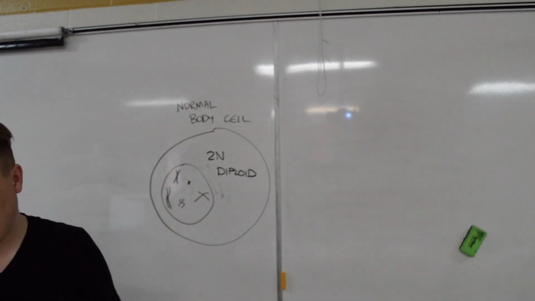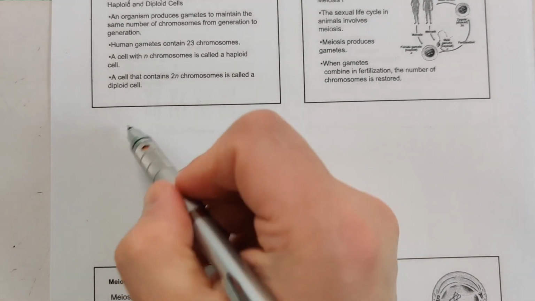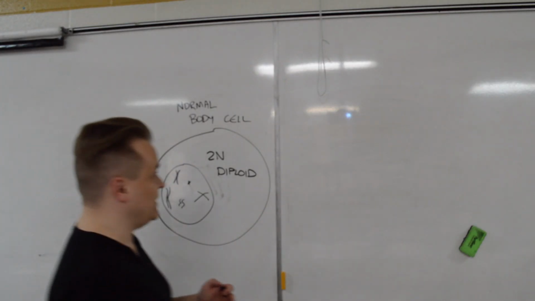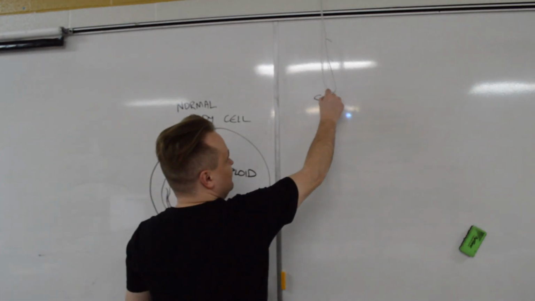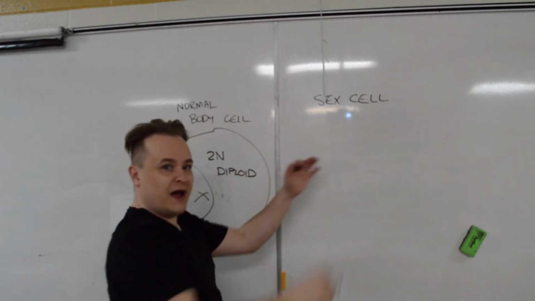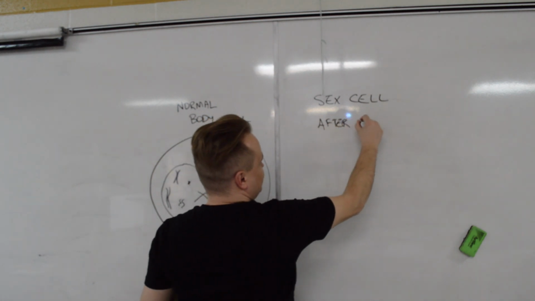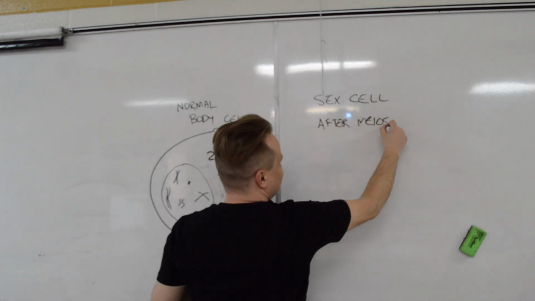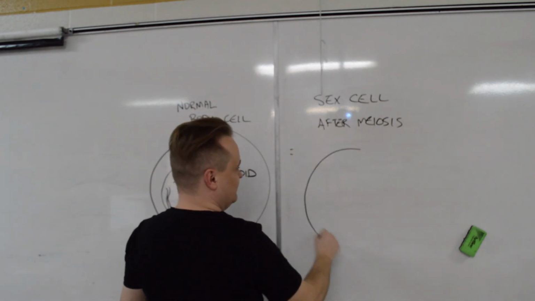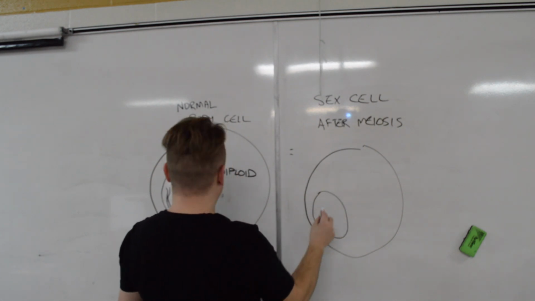I'm going to get you to put that right here. Okay. Now you've got to also draw this, right? In a sex cell, once it's gone through meiosis, you'd have your sex cell, and inside of it, there would be no pair.